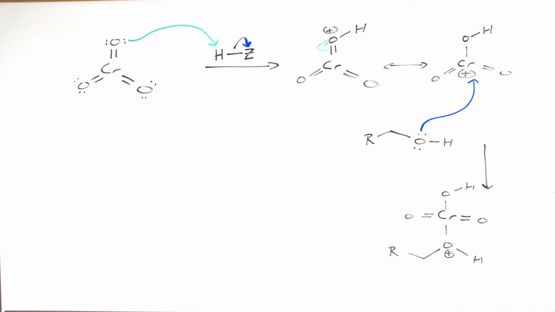And generally speaking, probably another chromium trioxide, but possibly something else depending on the reaction, will take the job of getting rid of that. Which puts us here. Now what?